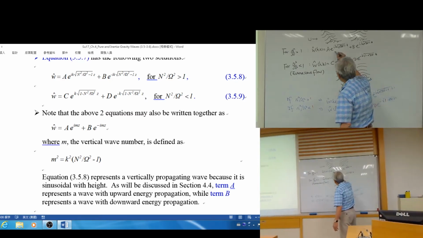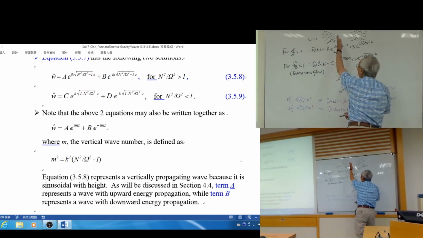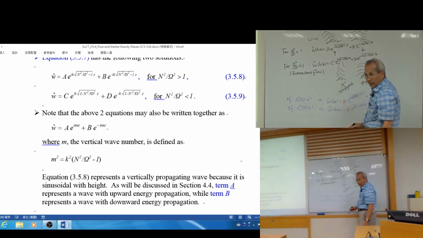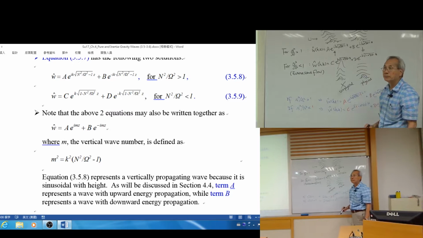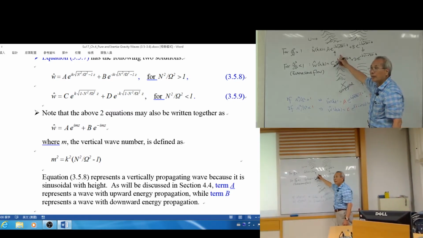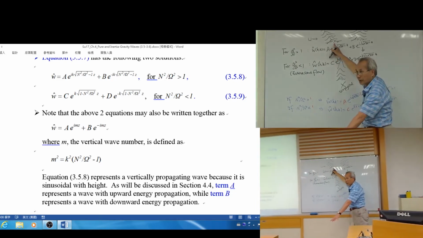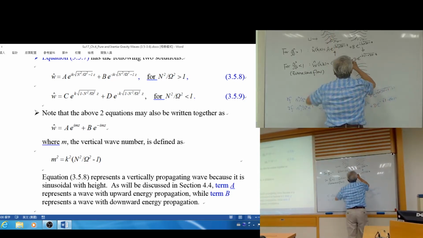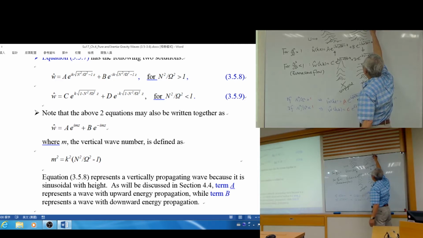This one is associated with an upward propagating wave: the energy propagates upward. This one, energy propagates downward. So which one is physical? This one, because our energy source is from the surface, near the lower boundary, so it propagates upward. This one propagates down, but the energy source is not from there.